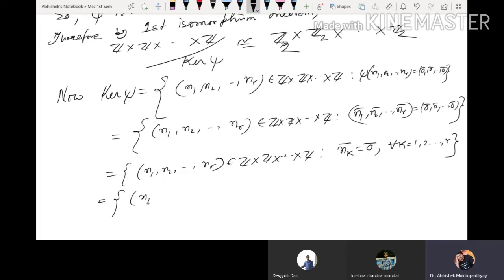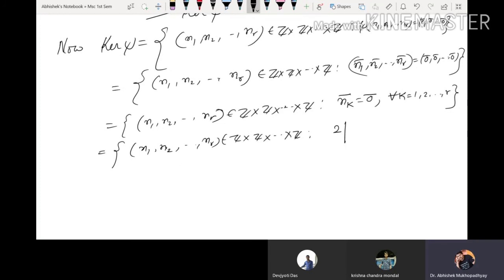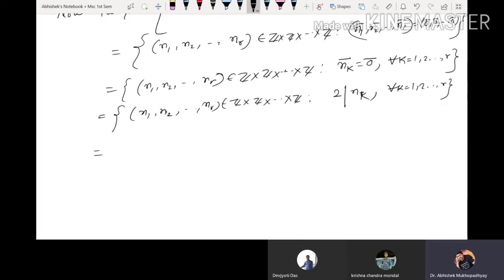That means the set of all those (n1, n2, ..., nr) belonging to Z cross Z such that 2 divides nk for all k equal to 1 to r. So that means the set of all those (n1, n2, ..., nr) such that the nk's are of the form 2qk for all k equal to 1 to r.